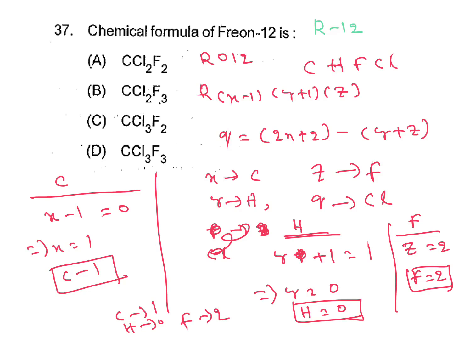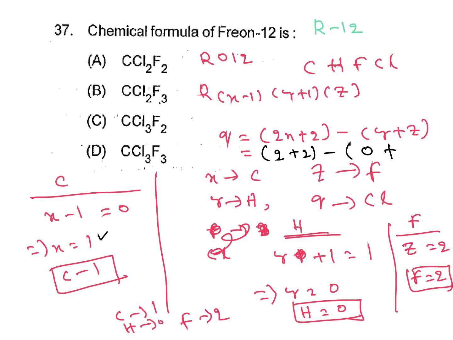Then for Q, the value we will get: X, how much do we get? 1. 2 into 1, 2, plus 2 minus y is 0 plus z is 2.